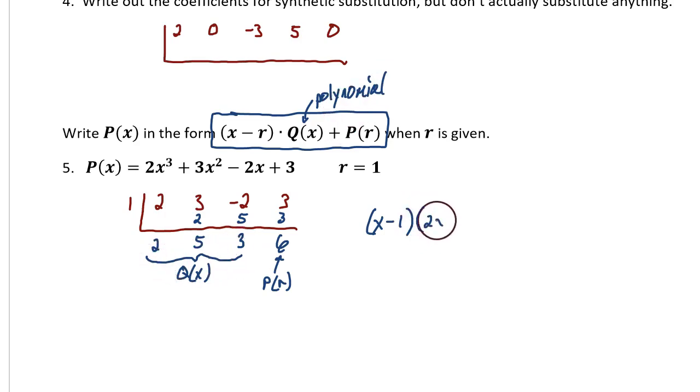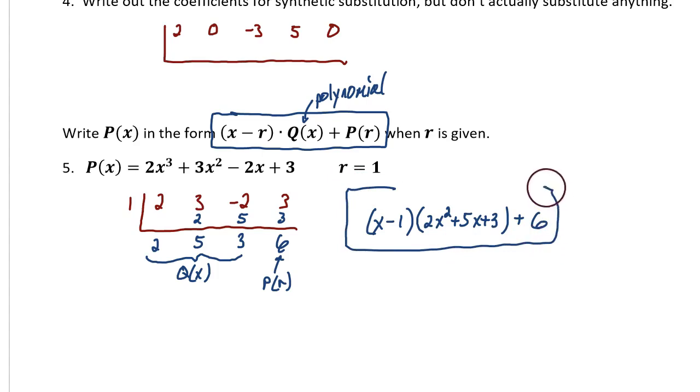So it's 2x squared plus 5x plus 3. And then we have a plus sign, and it says p of r. p of r is this last number that we got, 6. So right here is the answer in the format that we were asked for in the directions.